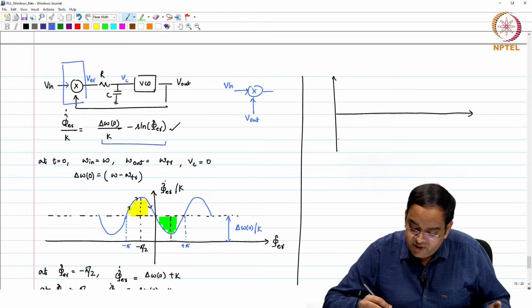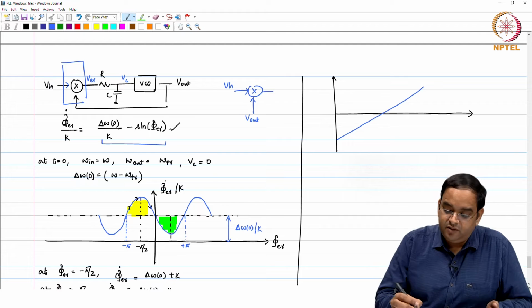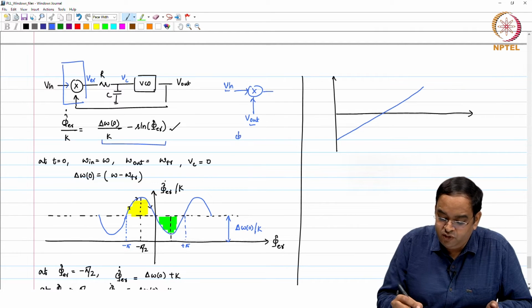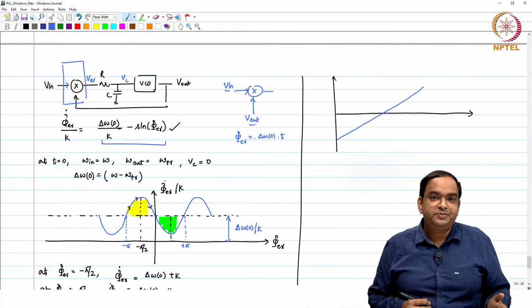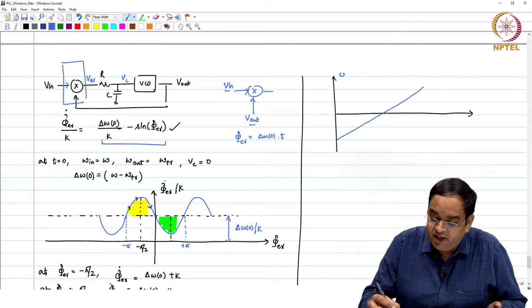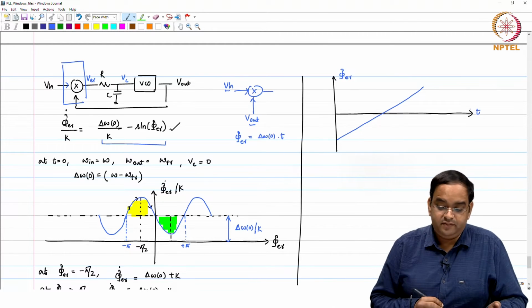If that would have been the case, the phase error would increase linearly. There is no doubt, right, because if you have frequency error between these two, phase error is nothing but delta omega 0 times t, it is a linear one. Fine. If it is linear, so what I am plotting here is phase error with respect to time.